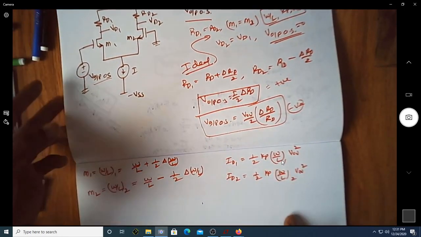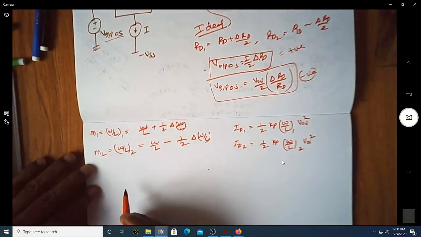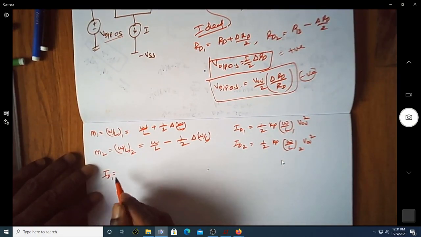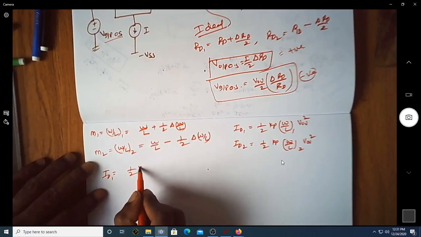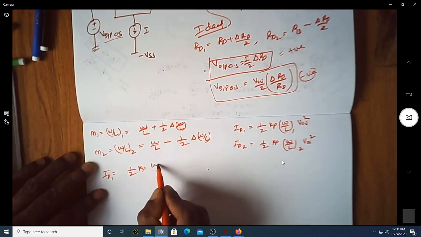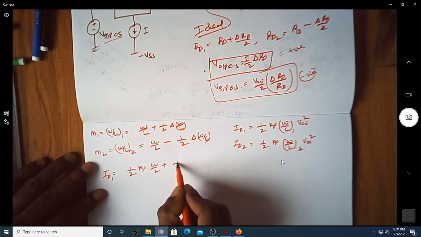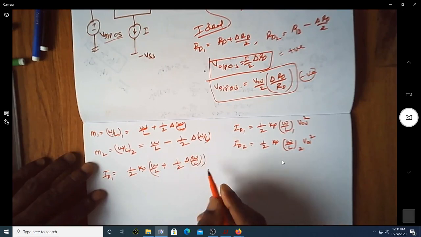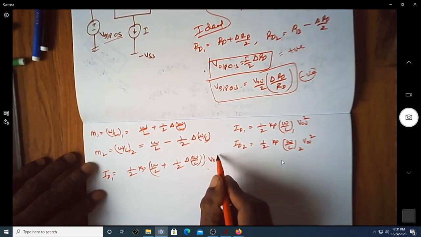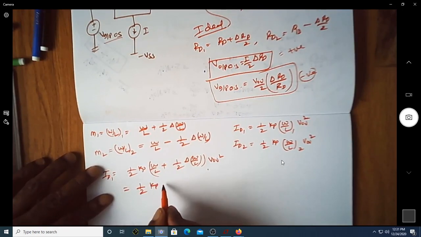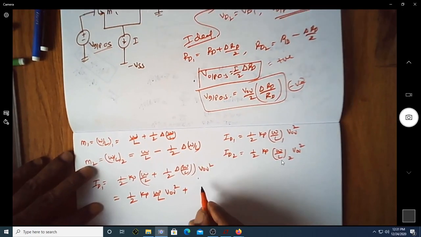So let us substitute what W by L of 1 and W by L of 2 are. Then ID1 reduces to half Kp, since W by L of 1 is given by W by L plus half of the deviation, into VOV square.